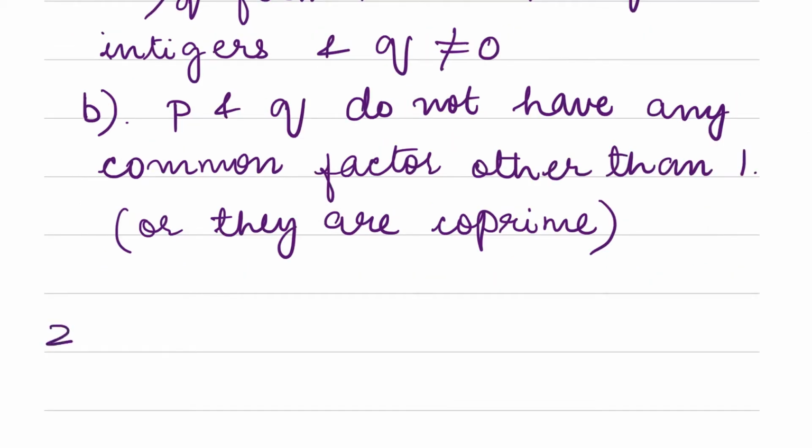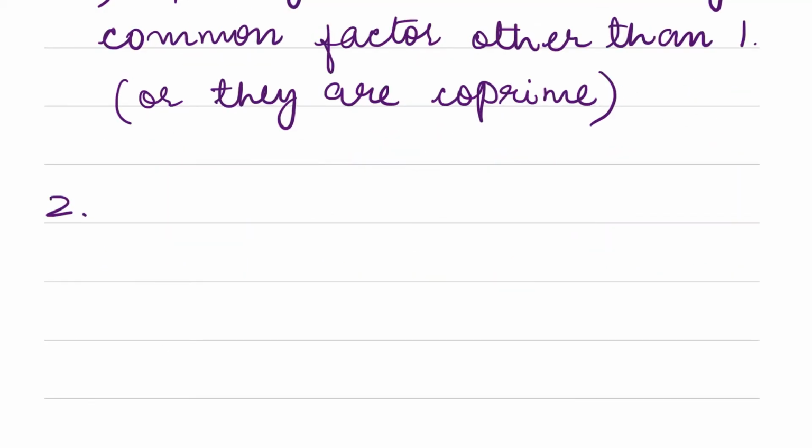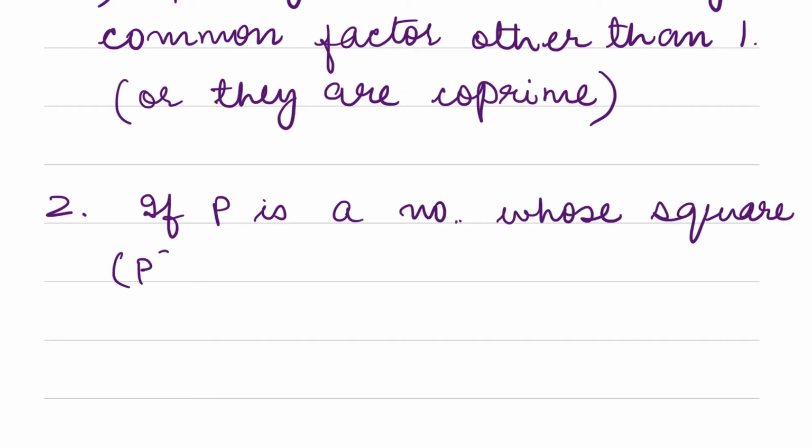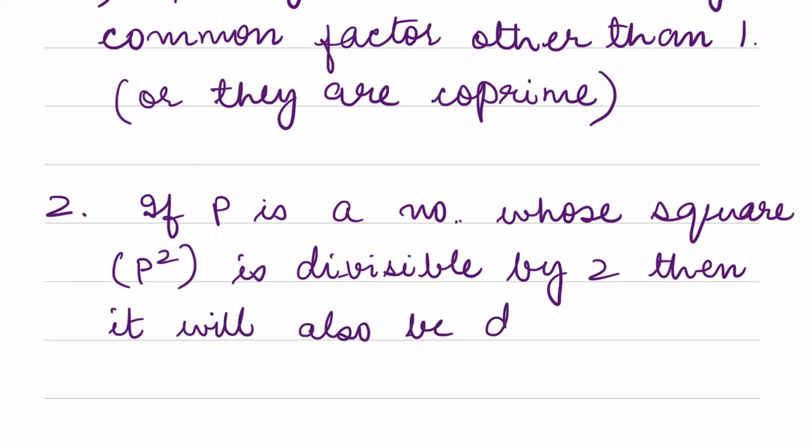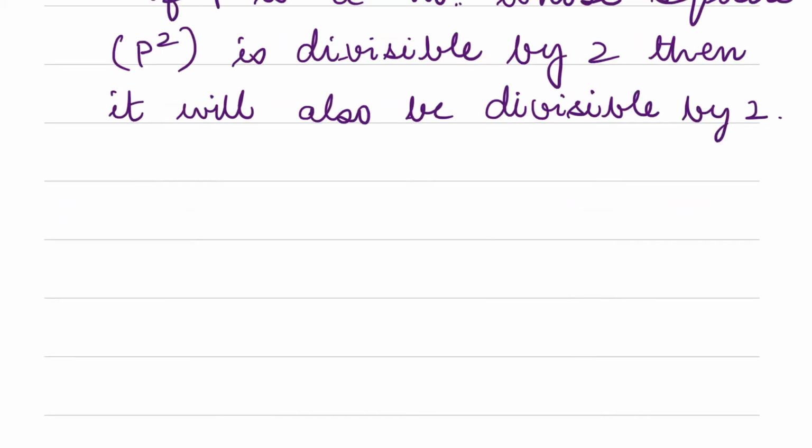Second concept which we need to brush up is if P is a number whose square, P square, is divisible by 2, then it will also be divisible by 2.